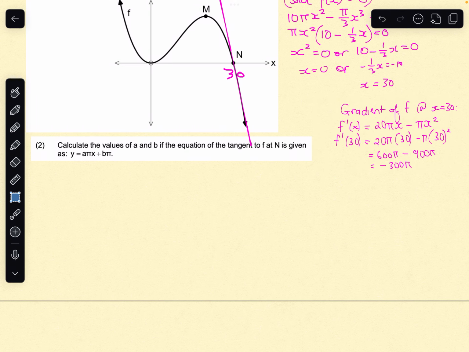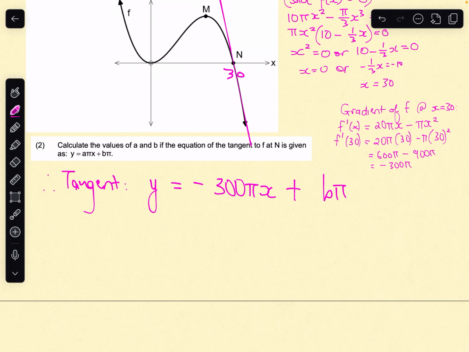Next up, that tells us that the equation of the tangent is something like y is equal to minus 300 pi x plus b pi. So we don't know what the b pi bit is yet.